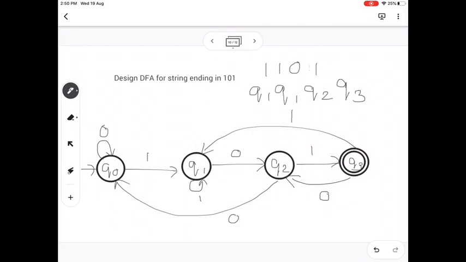So once I get 101, and after that I get 101 again, see, at Q3 if I get 0, it goes to Q2, and after that if I get 1, 0, 1 comes, again I am going to this Q3.